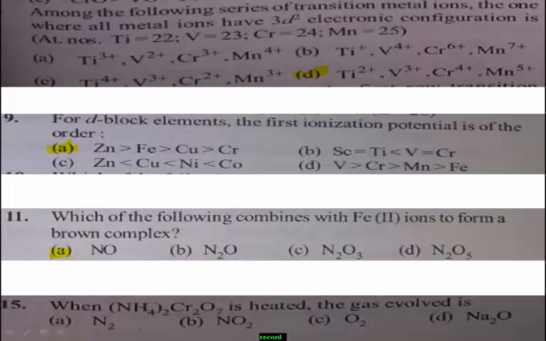Next, question number 15. Read the question and given options carefully. When (NH4)2Cr2O7 is heated, the gas evolved is? When ammonium dichromate is heated, you get the products Cr2O3, 4 moles of H2O and N2.